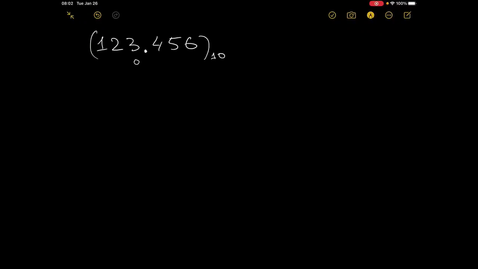So here you have what you're probably used to calling the decimal point, but now we will call it radix. So essentially the point which separates the integer and fractional parts, right? So let us number positions.